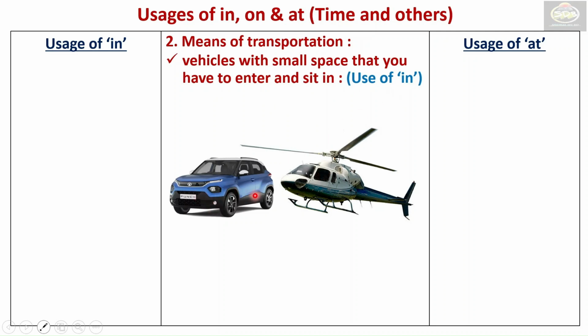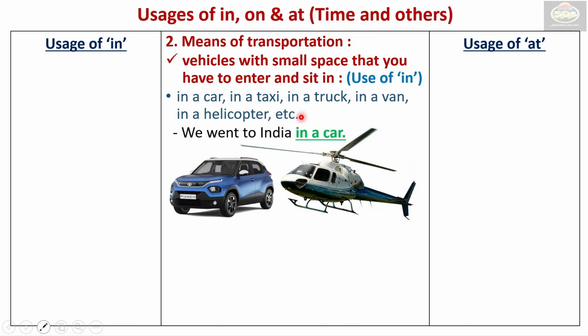For example, in a car, in a helicopter, in a taxi, in a truck, in a van, where there is not sufficient space, we have to sit as we enter due to the narrow space available there. We have to use in. Example, we went to India in a car, on a bus, in a car, on a plane, in a helicopter.